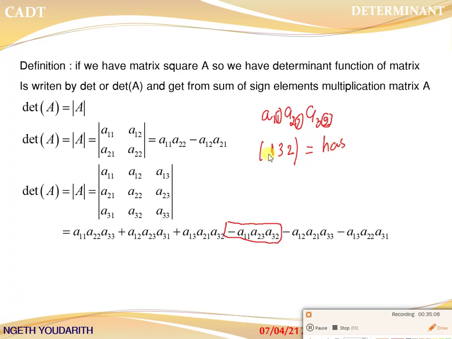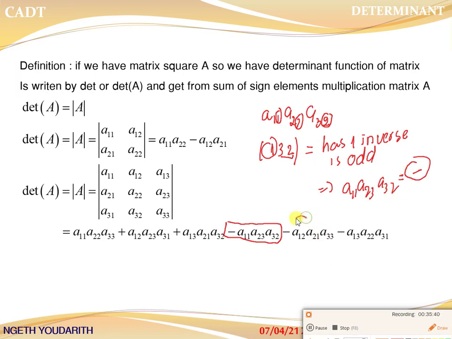This one has only one inversion. One inversion is odd. If it is odd, we get A11, A23, and A32 equal to a minus sign. The sign is negative.